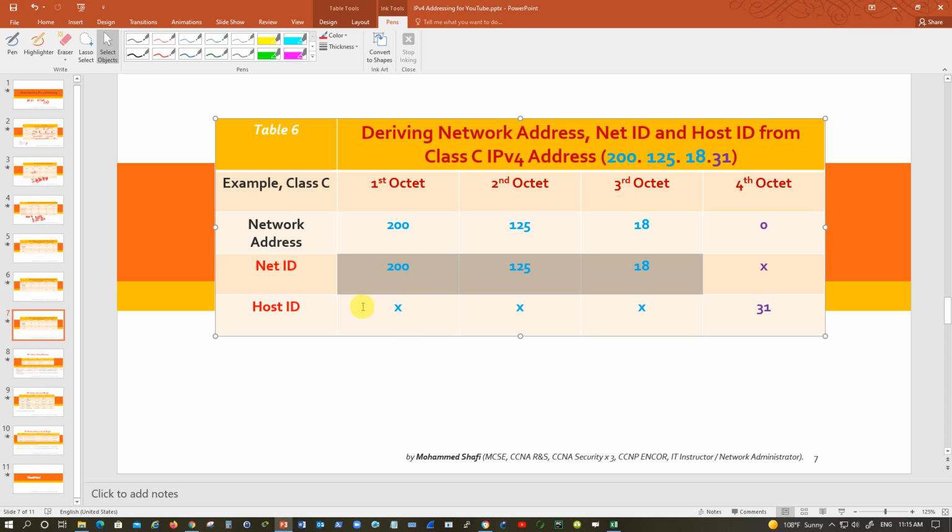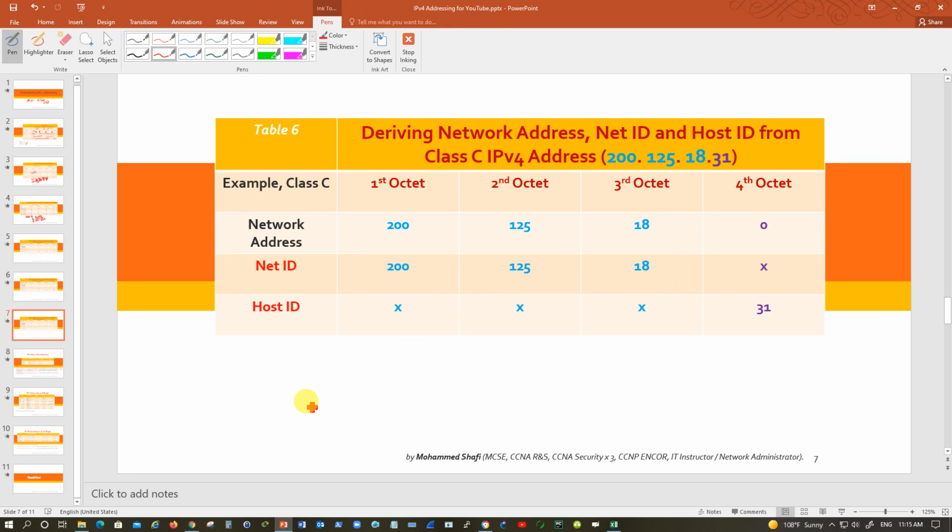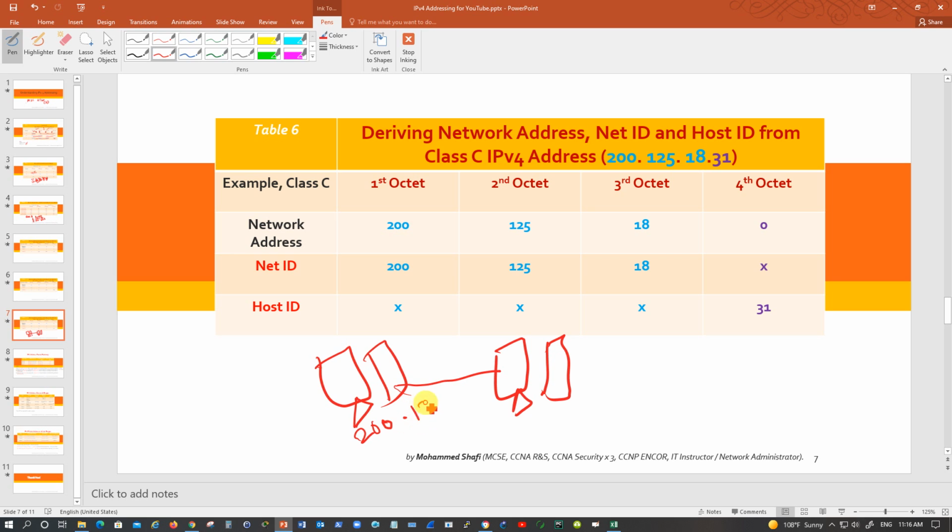For example, if I were to connect two computers in the same class C network, supposing this is computer 1 and this is computer 2, and I want to bring them onto the same network, I have to make sure I type the same net ID on both of them.